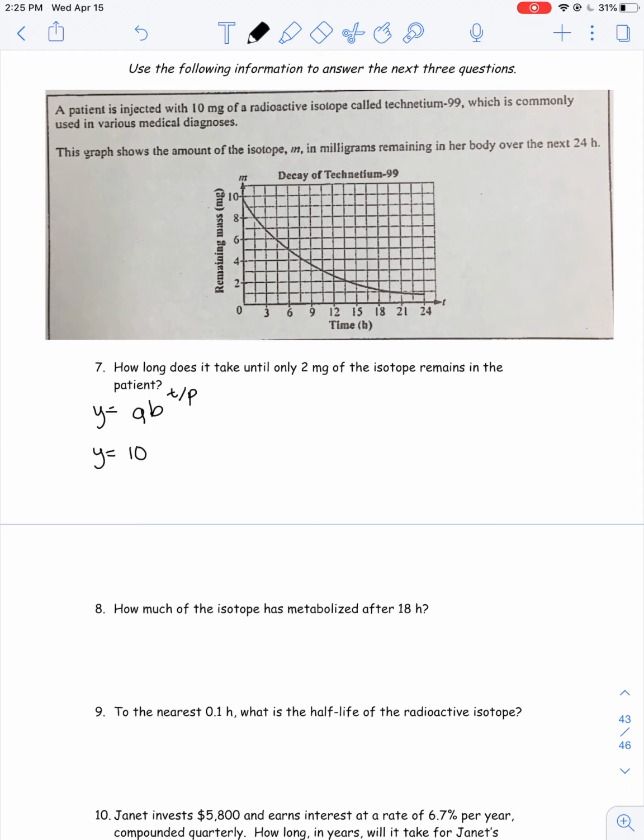So it's going to be 10 multiplied by, here we're talking about a half-life. So we are losing a certain amount, or we're becoming half at a certain point. It says the graph shows the amount of milligrams remaining in the body over 24 hours. So we're going to go 1/2 when we're decaying to the power of T over P. Now, when half the life has occurred, when we've reached half, it started at 10, and when did it become 5?